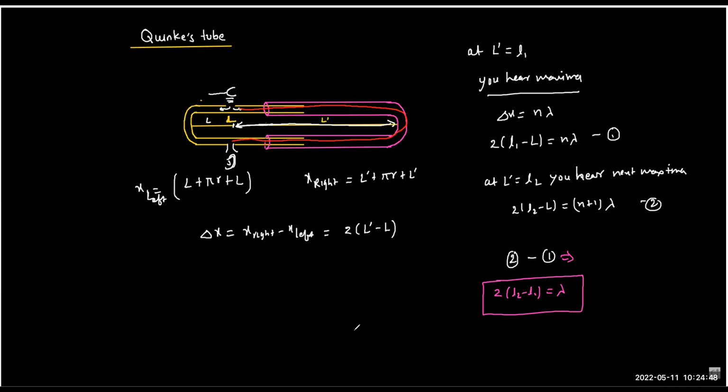And because the tuning fork will have a fixed value of frequency, we can find the velocity of sound by the formula f lambda. Now f is known to us because of the tuning fork, and lambda we calculated from the two successive L1 and L2 values.